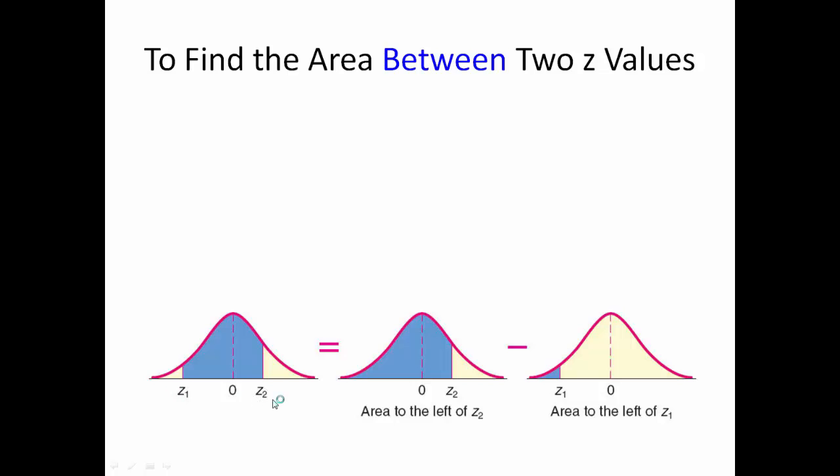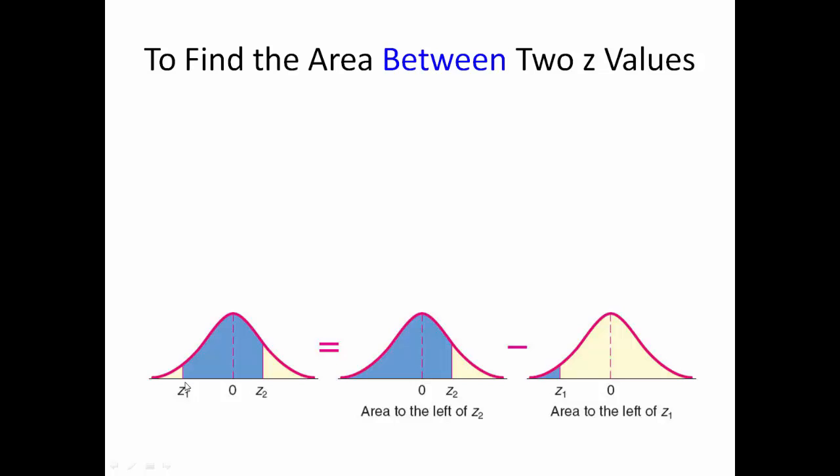What we can do is take z2, go to the table, find the area associated with z2, and then subtract from it the area associated with z1. And we will get the area between the two z values.